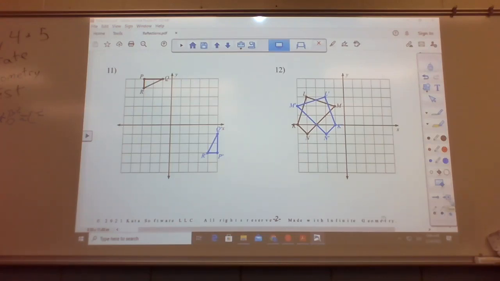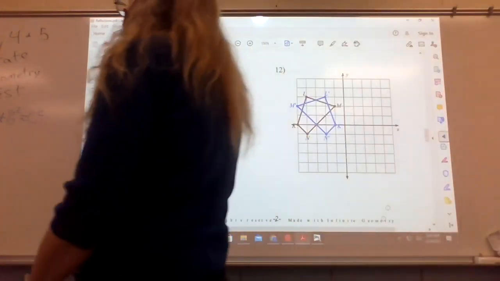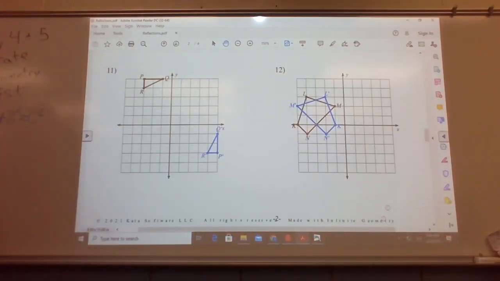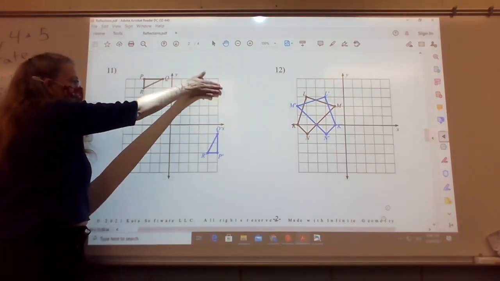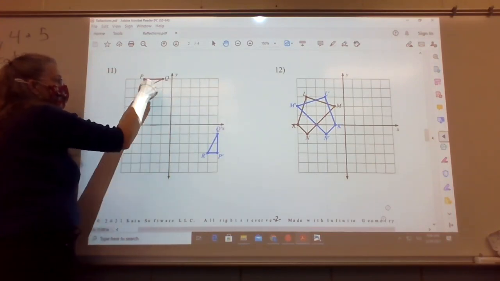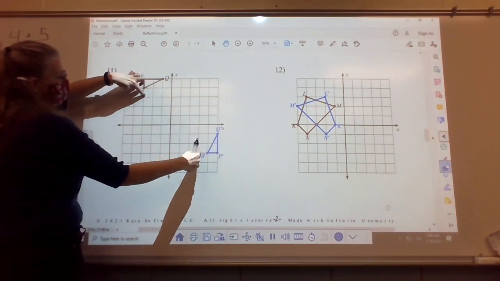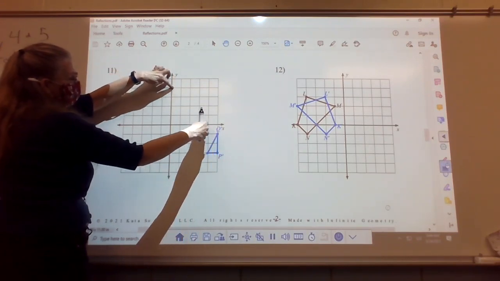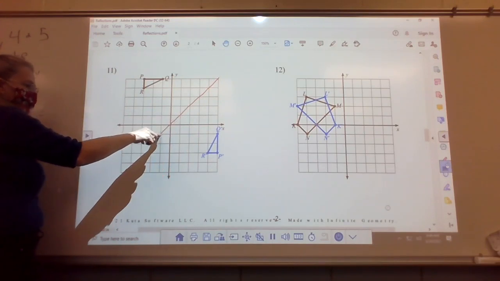11, 12. Now, we haven't done rotations yet. Rotations are tomorrow. But a lot of times on this type of question, some people think it's a rotation because they think that it did like this. But if it did this, this wouldn't be sitting the same direction. But if you notice, it's still kind of sitting the same way, just diagonally away from each other. So it's this diagonal line.